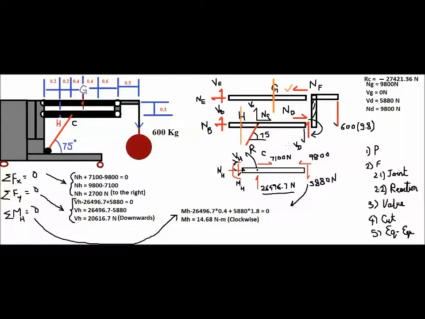Okay, remember the 2 postulates. One postulate was to give positive sign to all the unknowns, and the second was, always consider the external forces, not the internal forces, right?